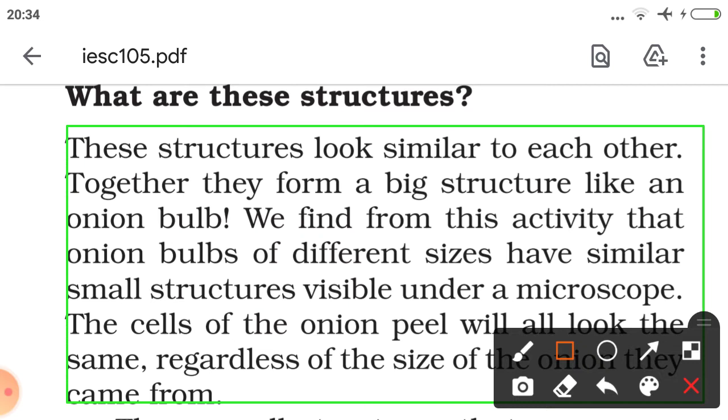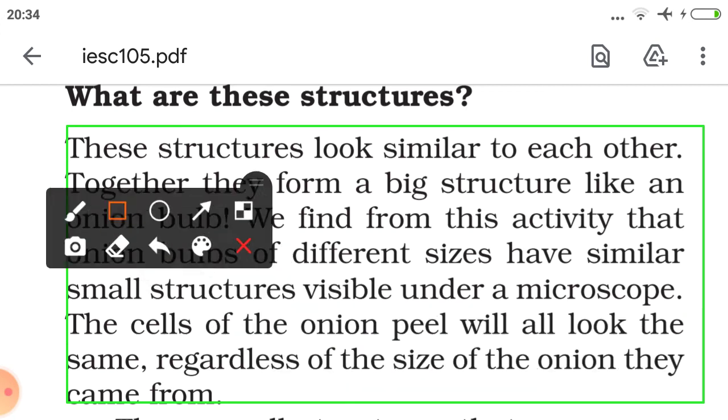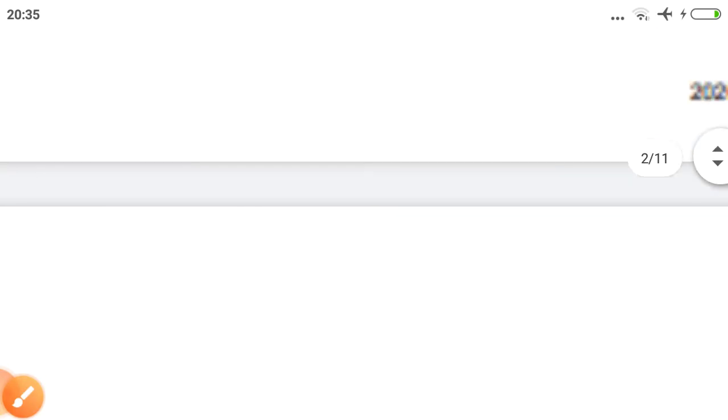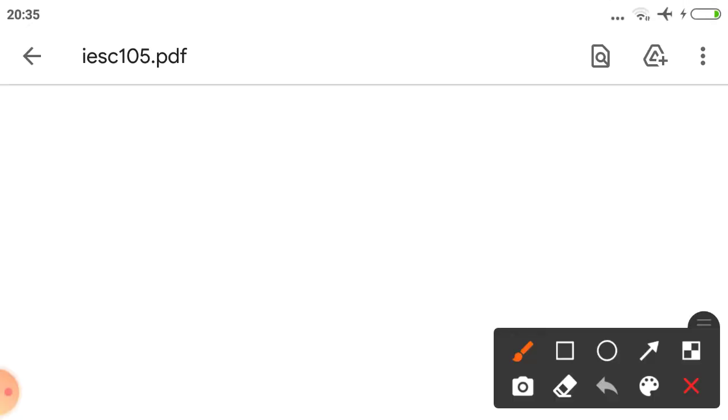We found from this activity that onion bulbs of different sizes have similar structures visible under the microscope. The cells of an onion peel all look the same regardless of the size of the onion they come from. The meaning is very easy: every onion is made up of similar structures.